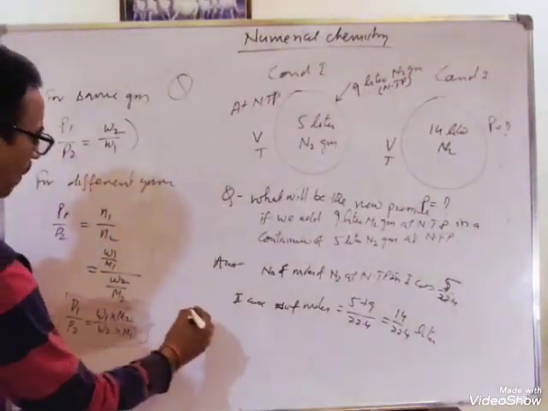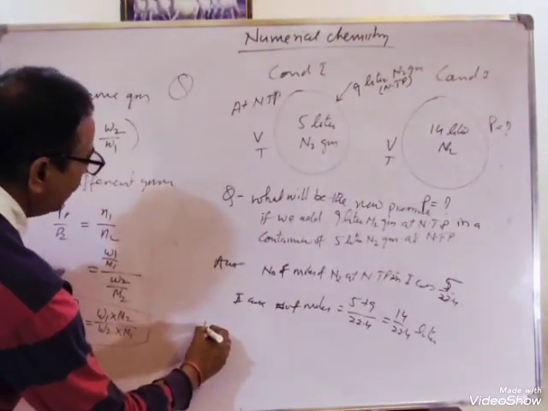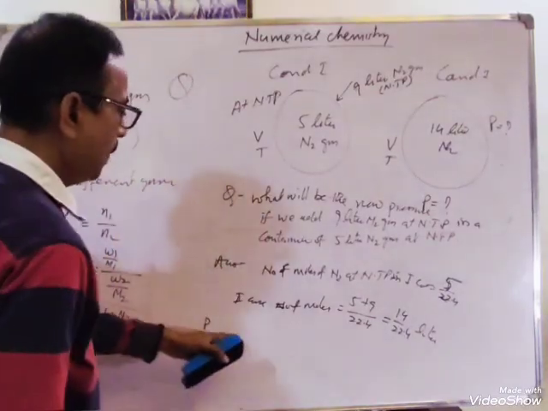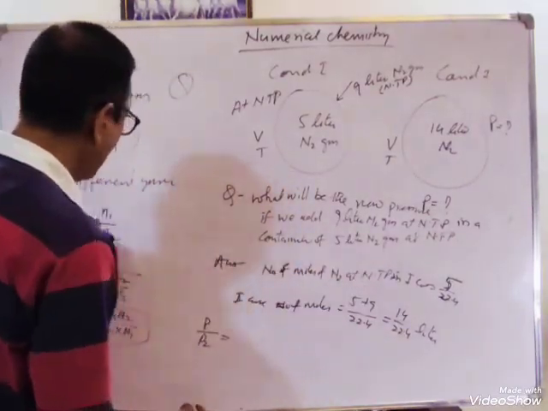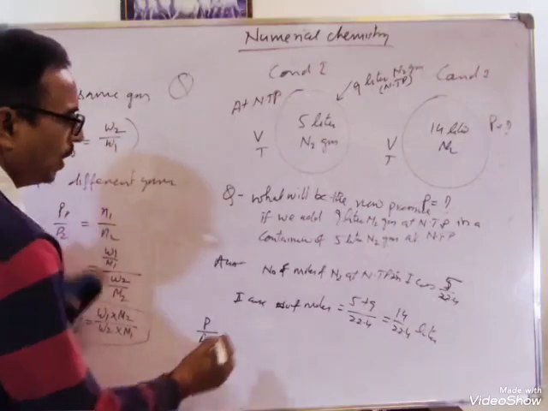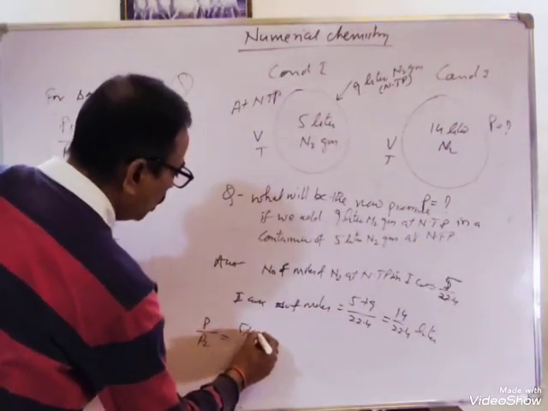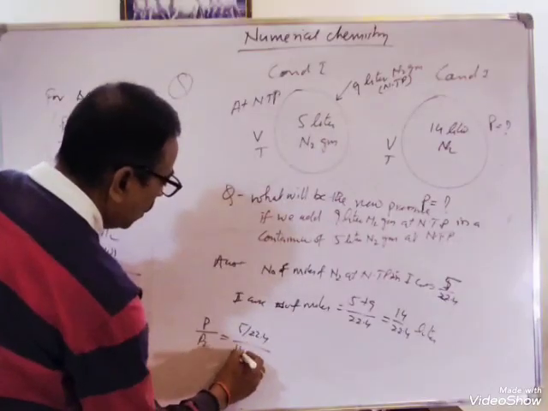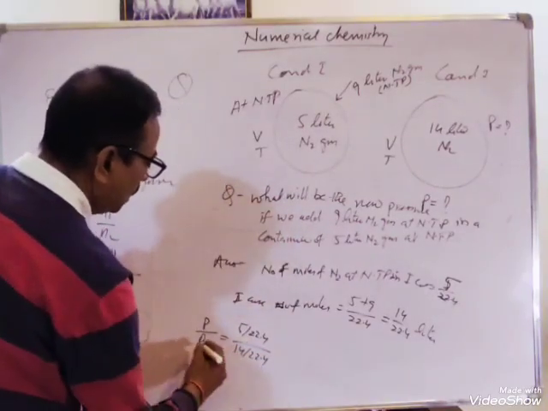So suppose P2 you have to find out. Number of moles N1 is 5 by 22.4 divided by 14 by 22.4, that is P1 by P2.